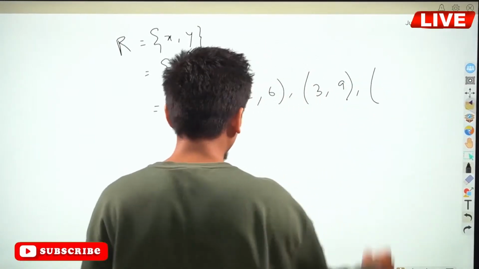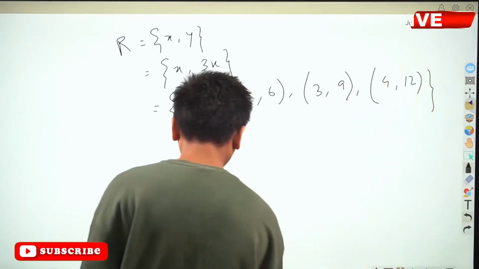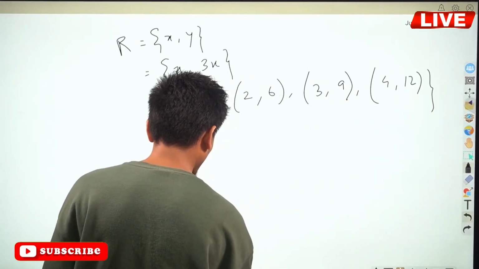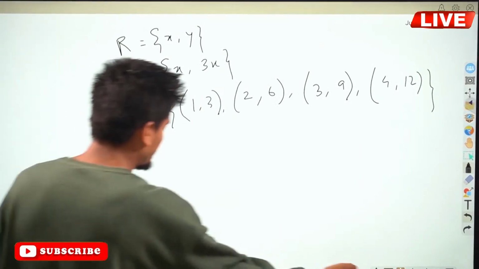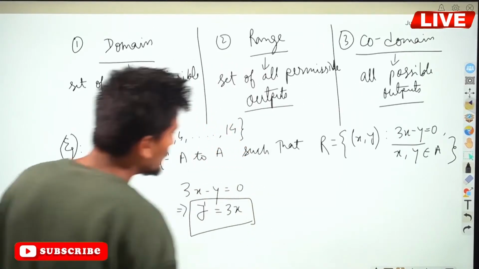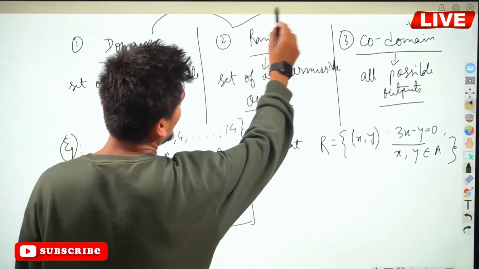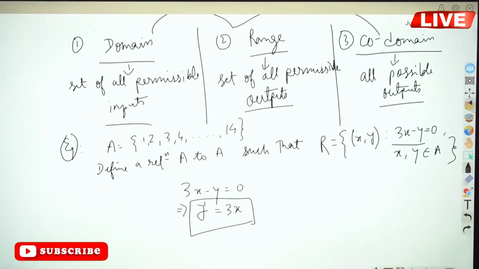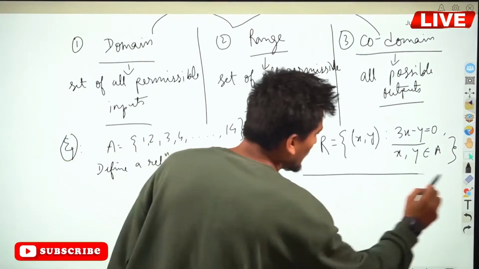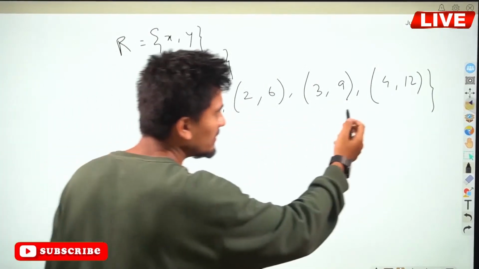Next, if we take 4, then we will get 12. Okay? Now see here. We have to find the relationship between domain, range and codomain. So, since we have established a relationship, that is 1 3, 2 6, 3 9, 4 12.